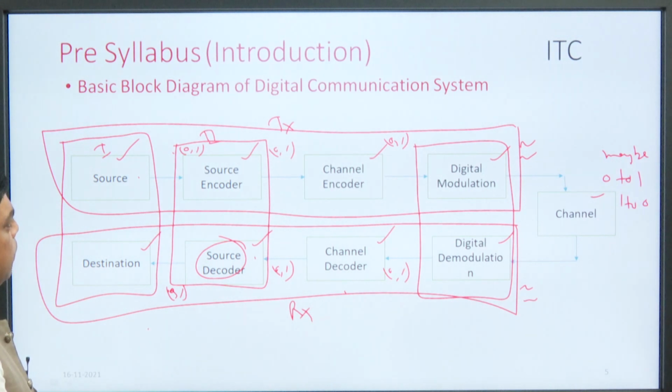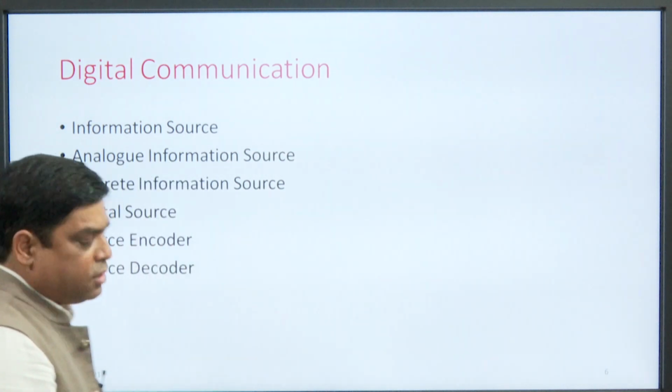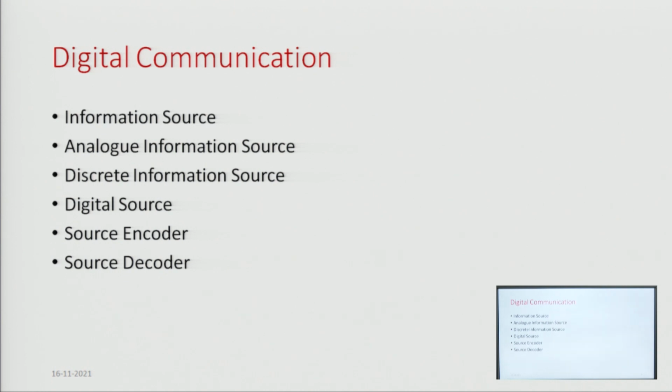And in the next slides, basically those elements about the source, the information source. Suppose there is a source S, it provides some output that may be analog or digital.